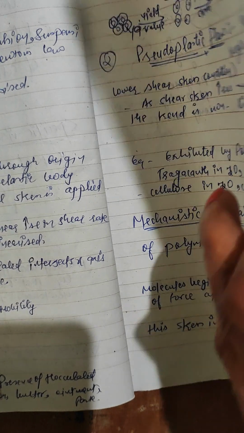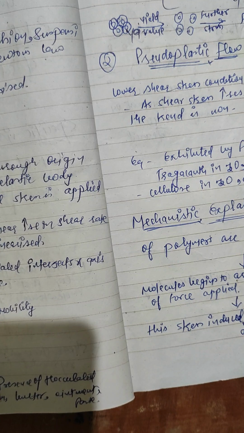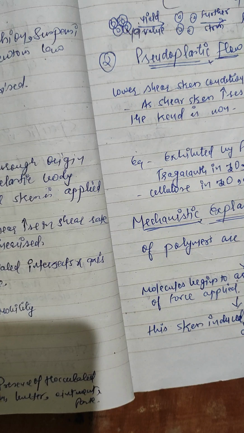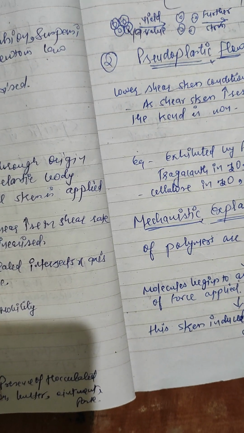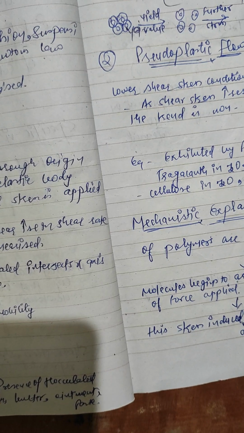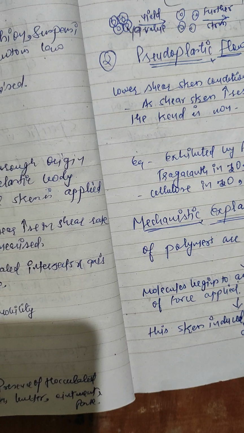So what basically happens in a pseudoplastic flow? Yesterday I told you about the ketchup example. The ketchup is a right example for pseudoplastic flow. How? Suppose you have a bottle of ketchup, right? What happens under normal storage condition? The ketchup molecules are randomly arranged in the dispersion.